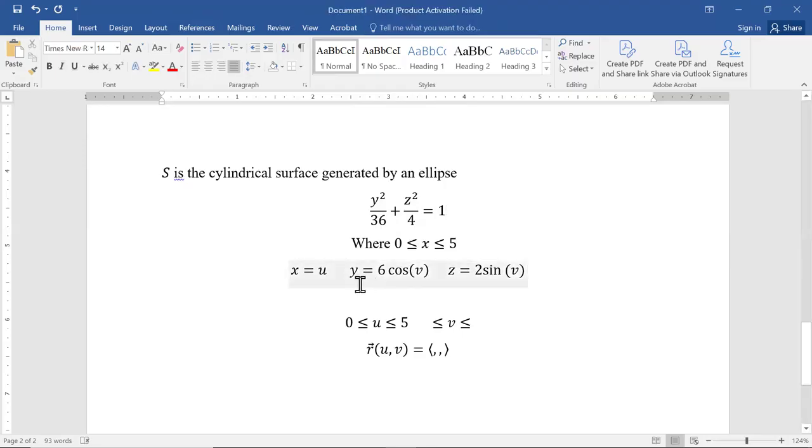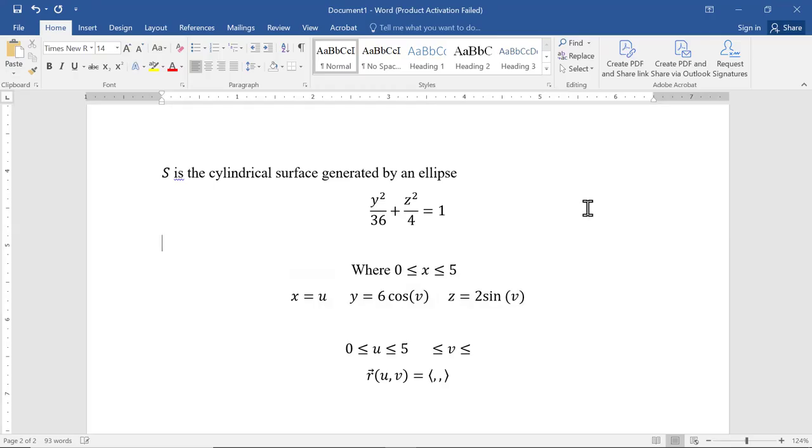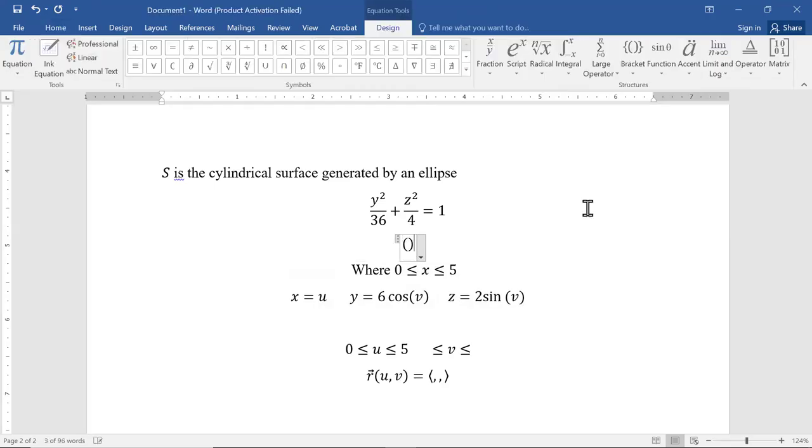So if I let y be 6 cosine of v, I'll type this in.